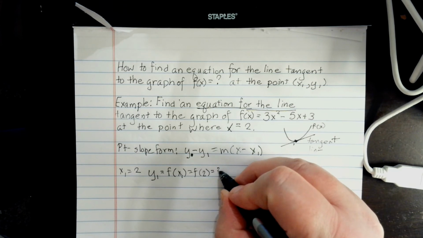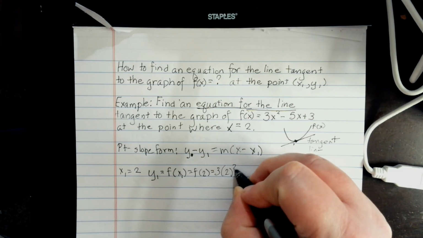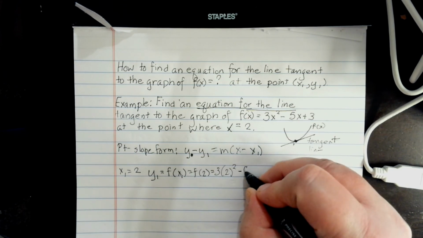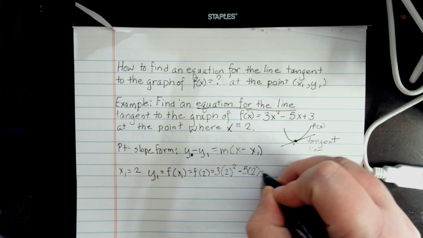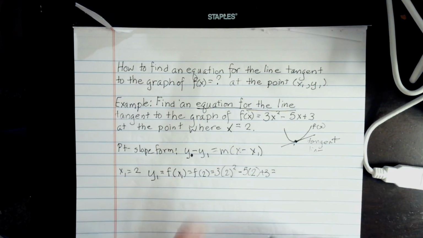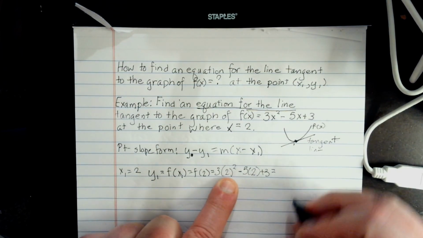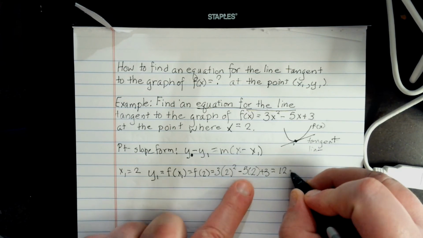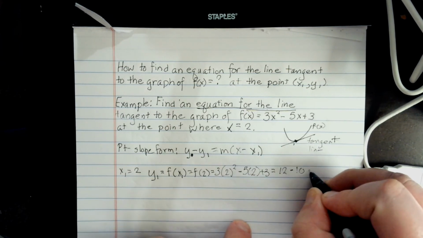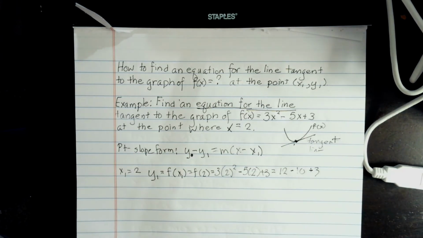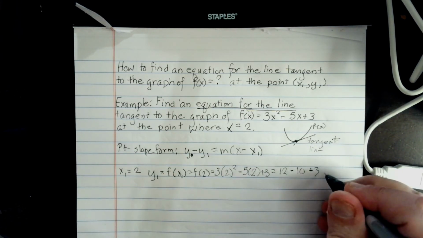which is going to be 3 times 2 squared minus 5 times 2 plus 3. 3 times 2 squared is 12, and this is minus 10, and then plus 3. That looks like it's going to be 5.